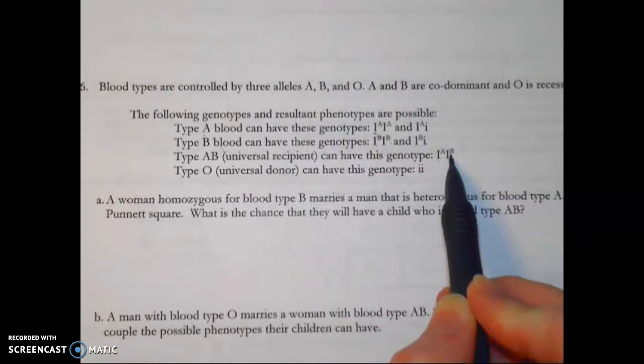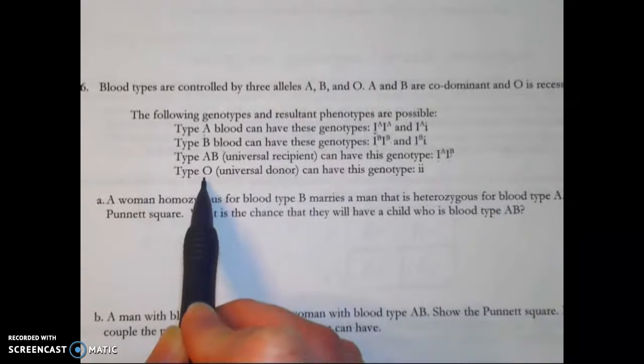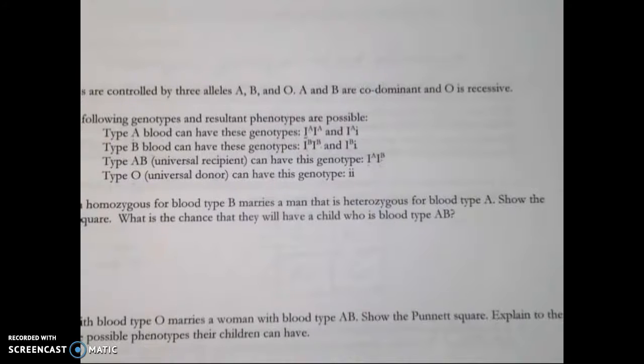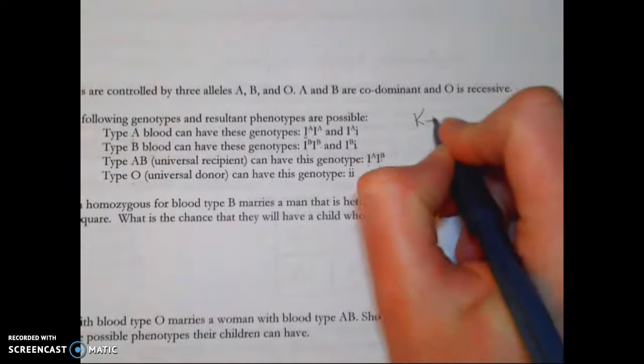You might remember that this blood type has both A proteins and B proteins on the surface of the red blood cells. O is the universal donor, but it's also recessive, so we have little i, so no dominance present. Essentially our key might look something like this.